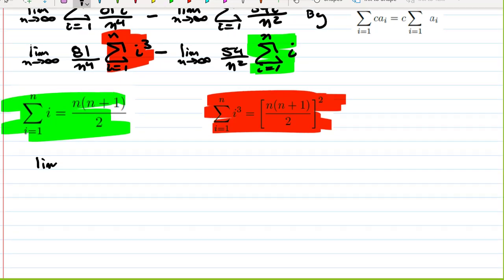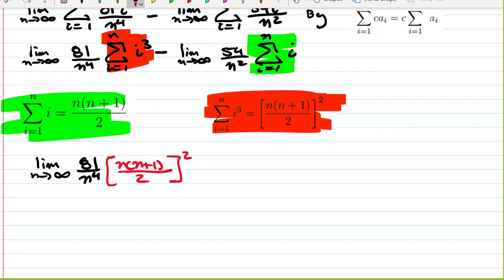And we have the limit as n goes to infinity of 81 over n to the fourth times n times n plus 1 all over 2 squared, minus the limit as n goes to infinity of 54 over n squared times, this one is equal to n times n plus 1 all divided by 2.